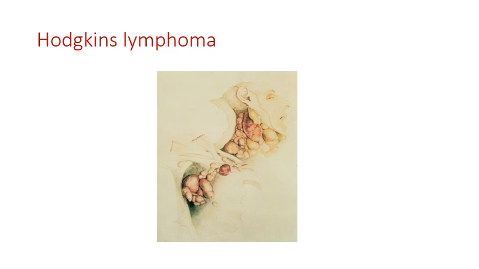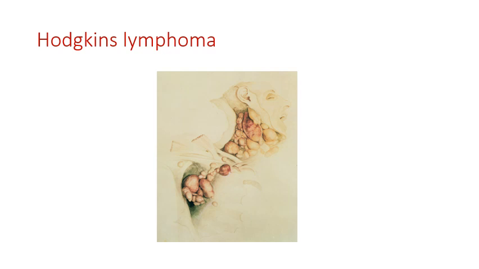Thomas Hodgkin, a curator of the Anatomy Museum of Guy's Hospital, London, found several anatomical specimens like this in his anatomy museum, specimens of young boys with this type of gross lymphadenopathy.